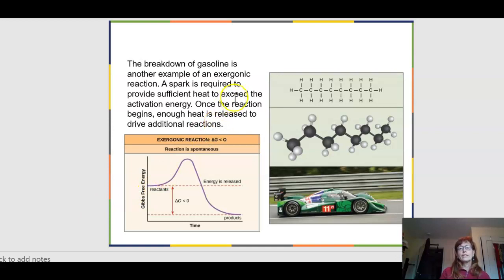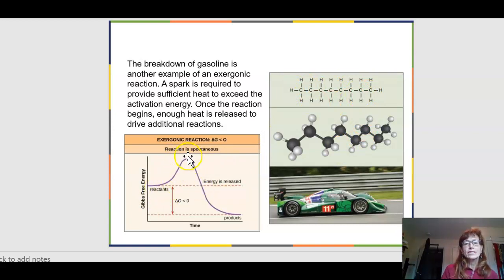Here's another example of an exergonic reaction. We saw this one already, we see a hydrocarbon, some type of a fuel that's going to be used in this racing car. For this reaction to go forward, we provide that in the engine by creating a little spark that creates a little heat, and that helps that fuel, that hydrocarbon, to go over that barrier.